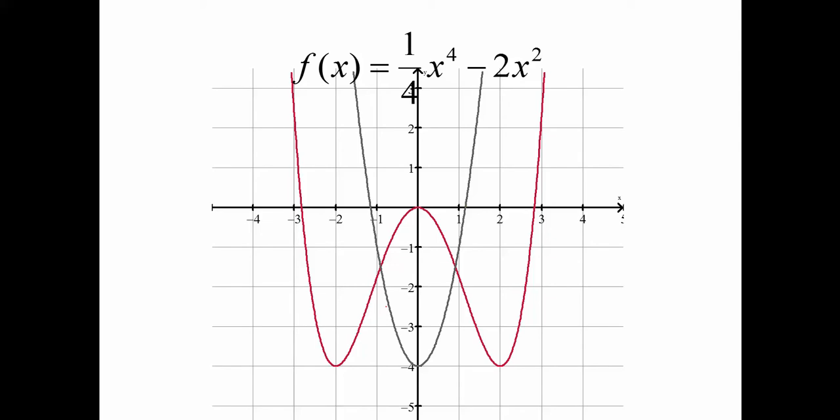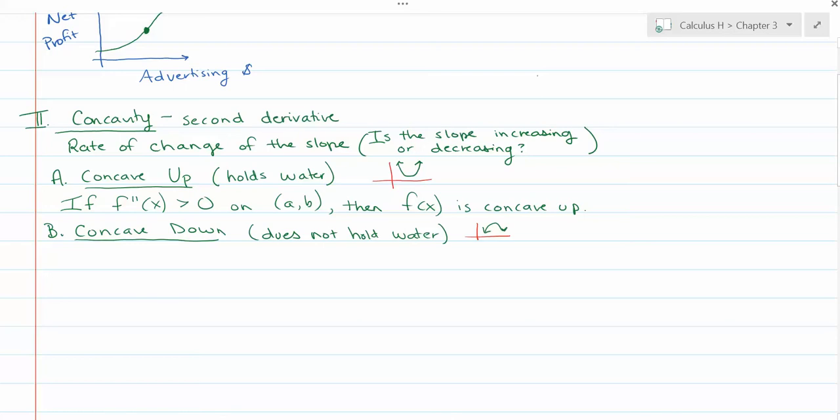Hopefully you can see some of the connections there. And just a note to add: if f double prime of x is less than 0 on our interval (a, b), then f of x is concave down.